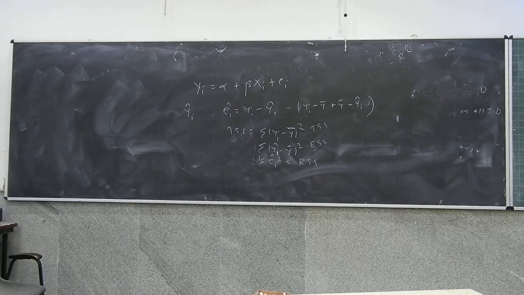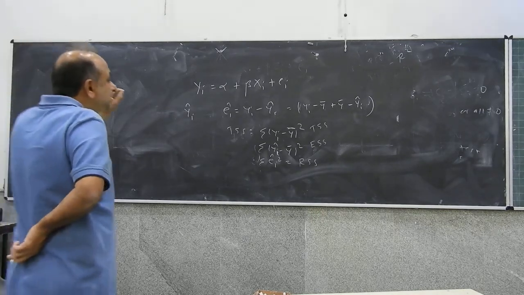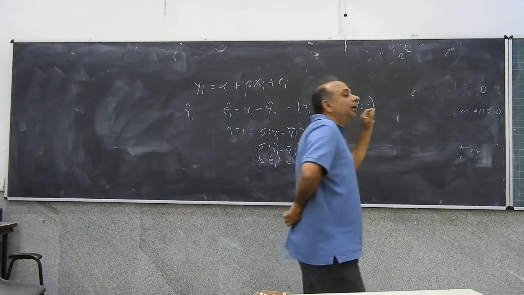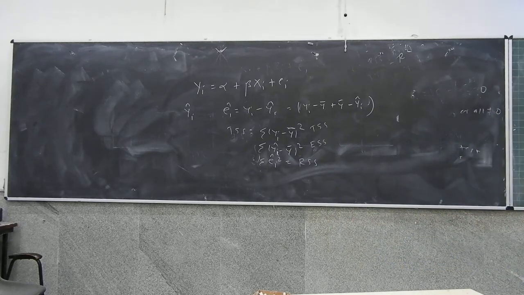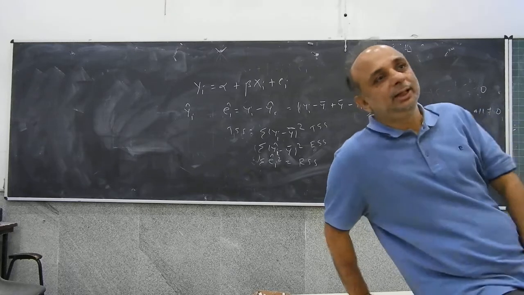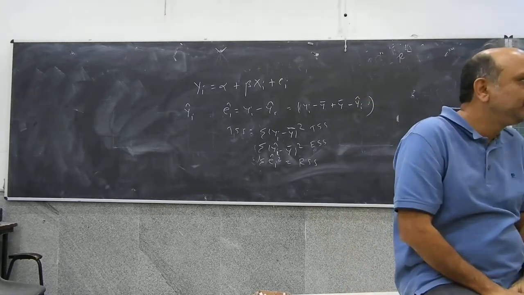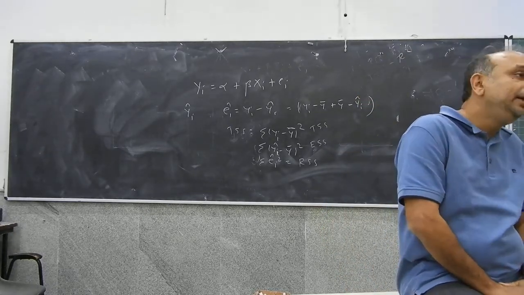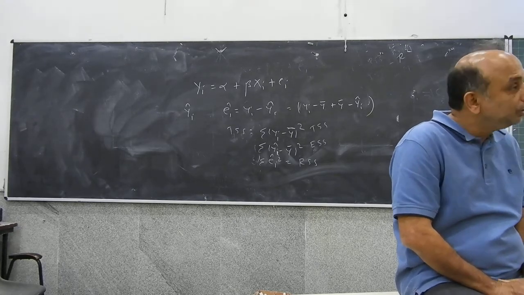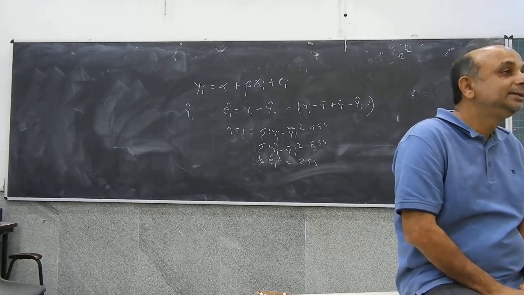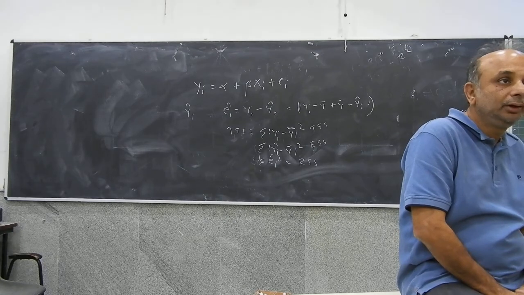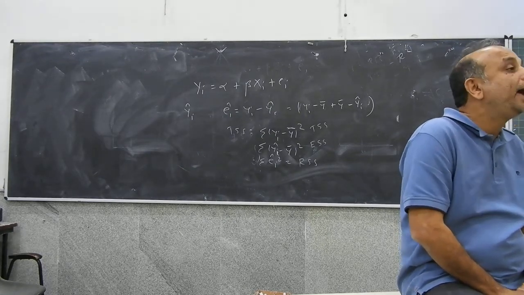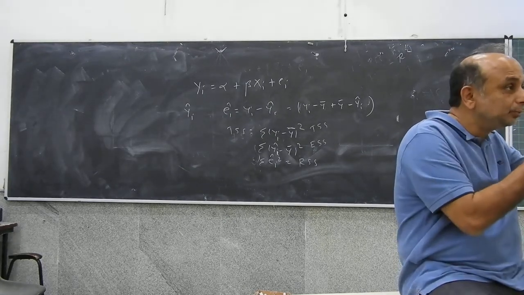So suppose the mean expenditure of all the households in Mumbai is 5,000. The mean expenditure of households which have income equal to 7,000 is 6,000 rupees. Y hat I minus y bar is just 1,000 rupees.